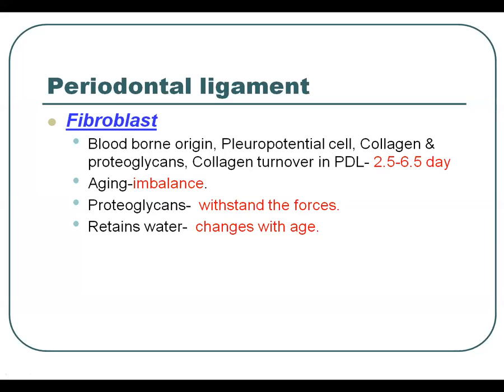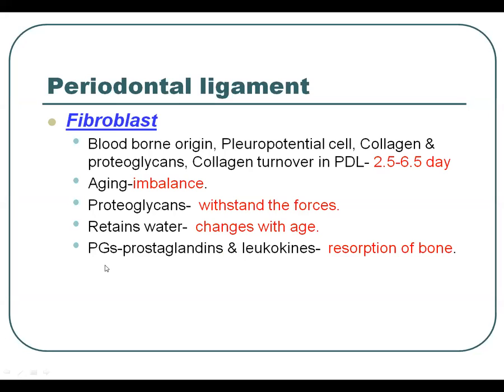Any tear or wear in the periodontal ligament will take more time to repair in adults compared to adolescents. And the prostaglandins present in the periodontal ligament space are responsible for resorption of the bone, which means bone resorption is more in adults than adolescents.